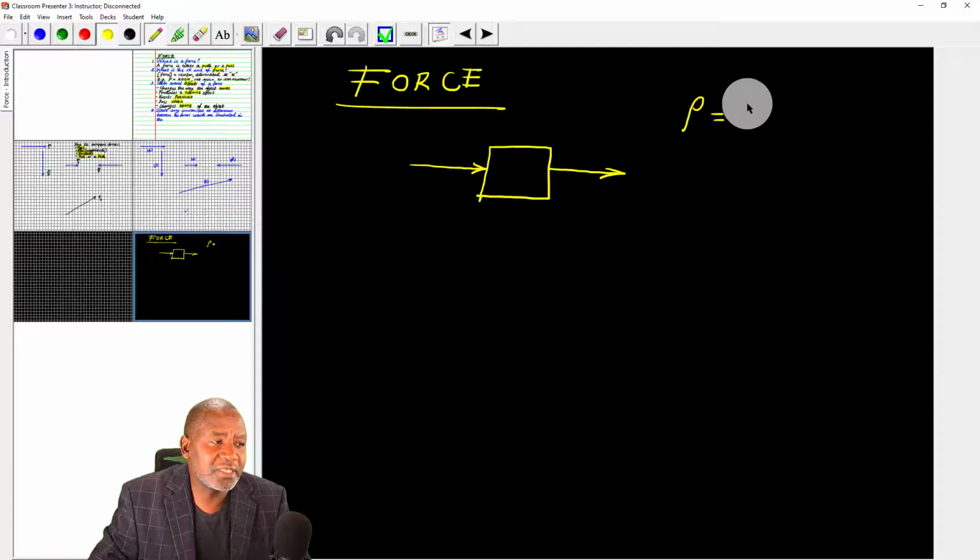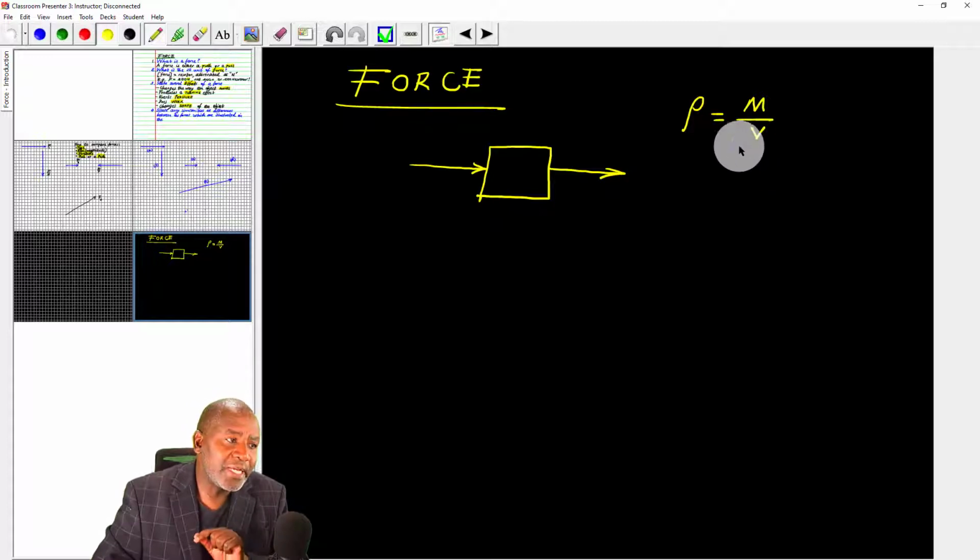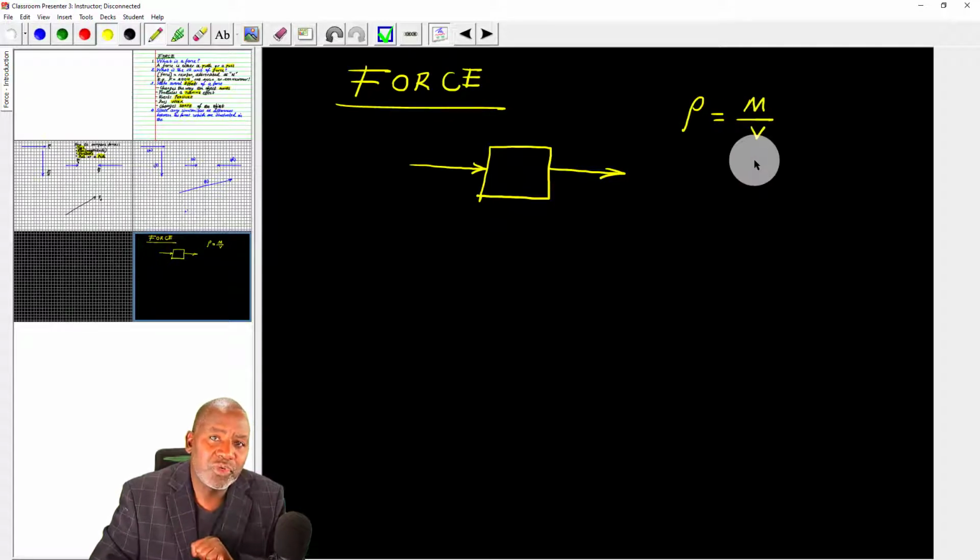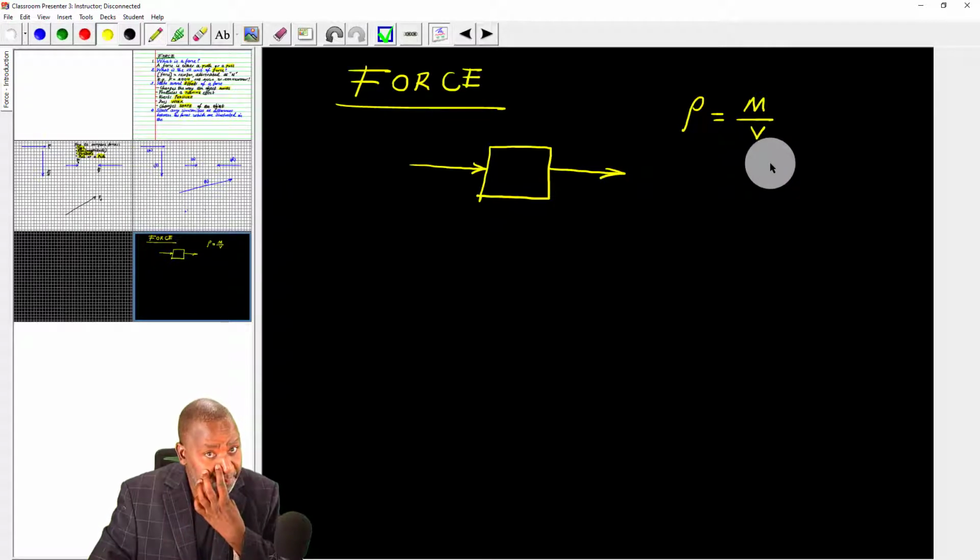Density of a substance is given by the ratio of its mass to its volume. You see, the moment I define density as mass per unit volume, or the ratio of its mass to its volume, then there is an equation which stems directly from that definition.